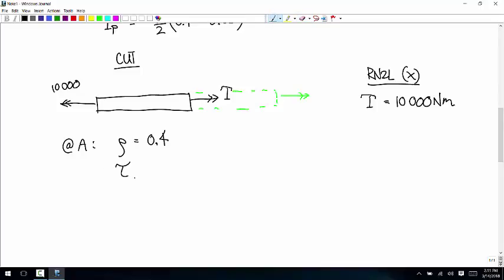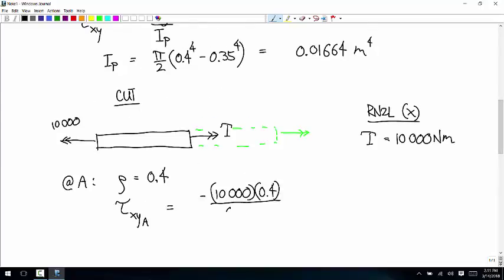And so tau at A is negative 10,000 times 0.4 divided by 0.01664.